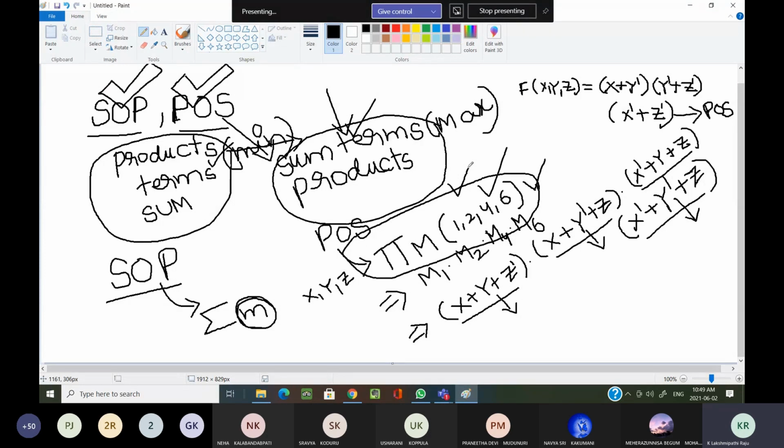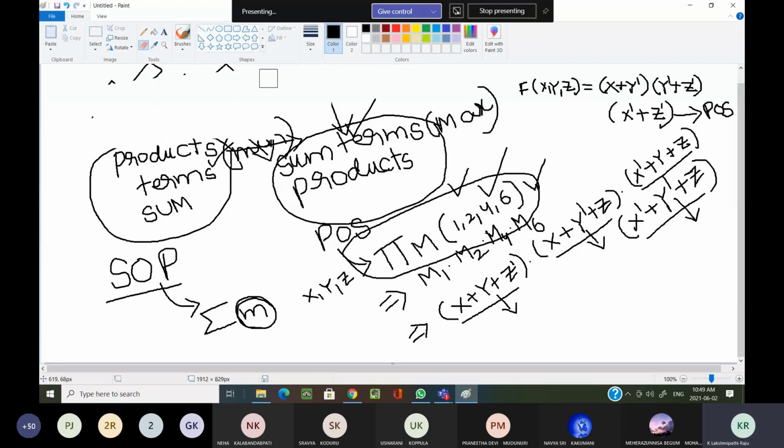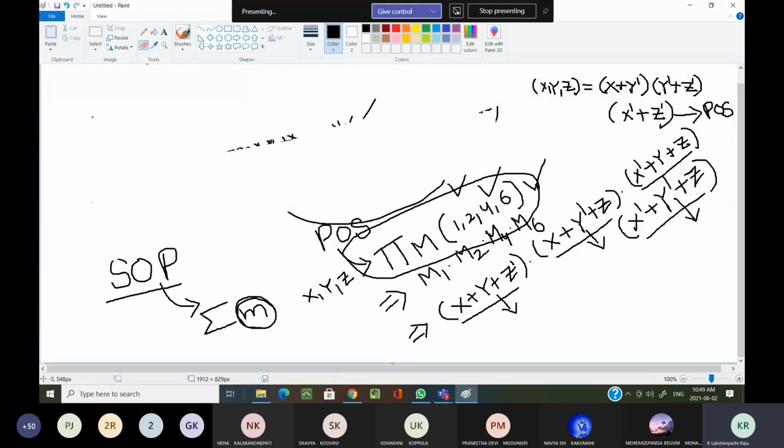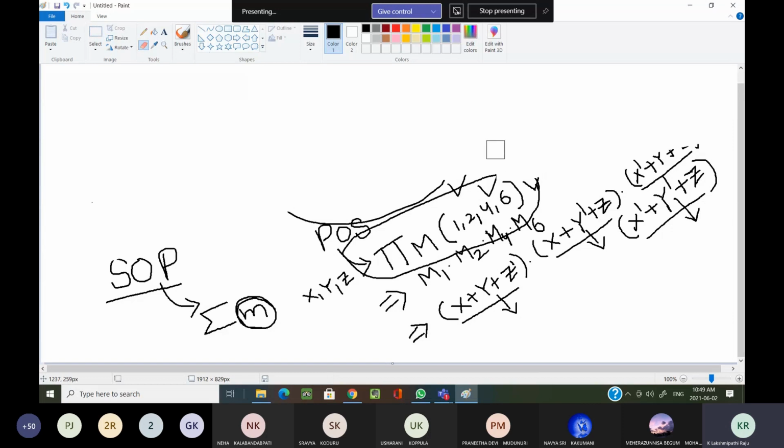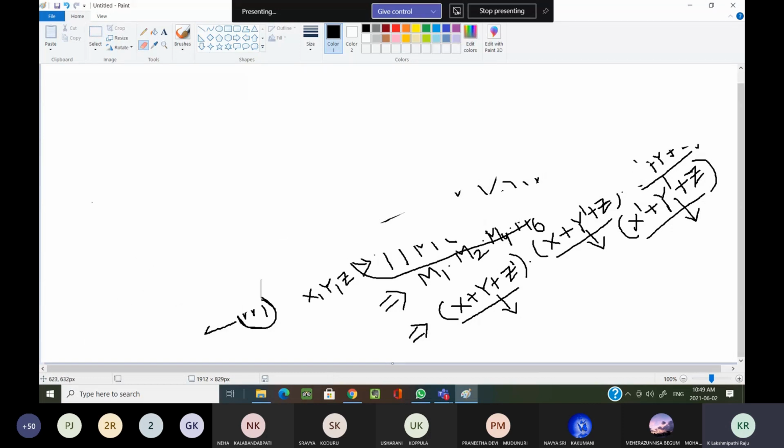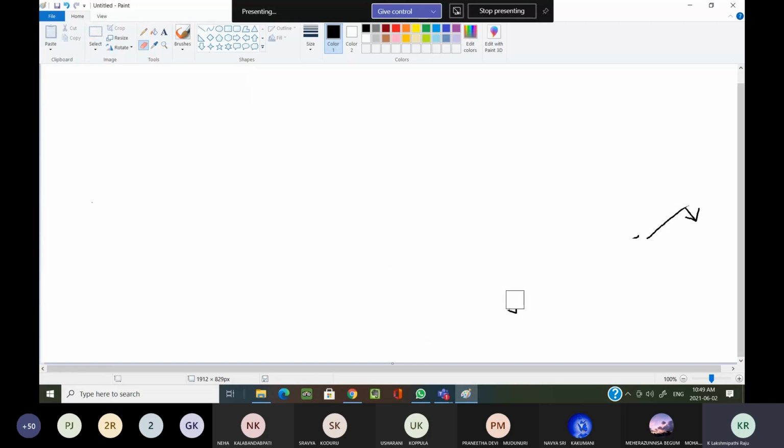I am giving the incomplete form. Write down the problems. If you are facing any difficulties, I can explain in the next session.